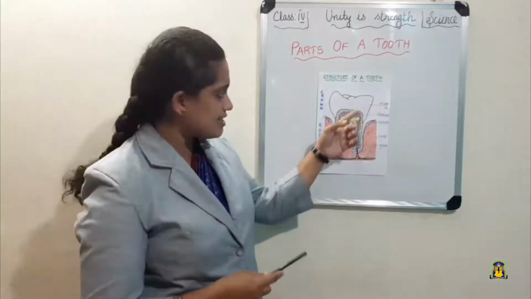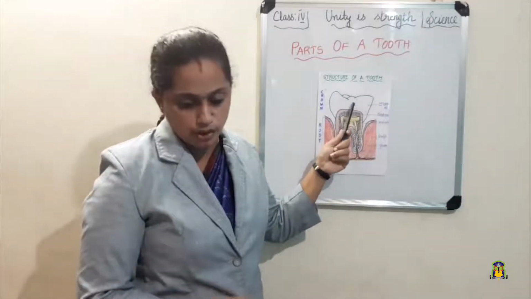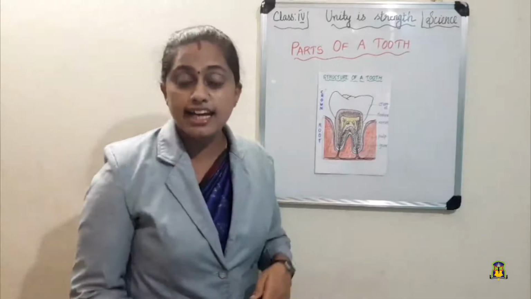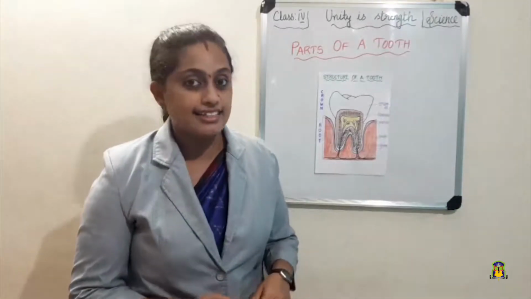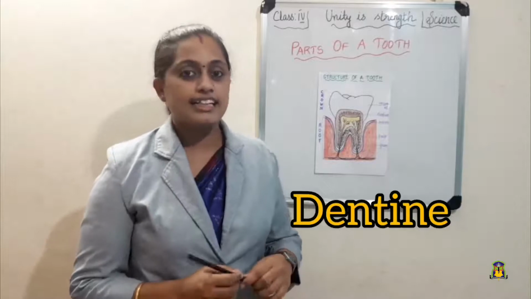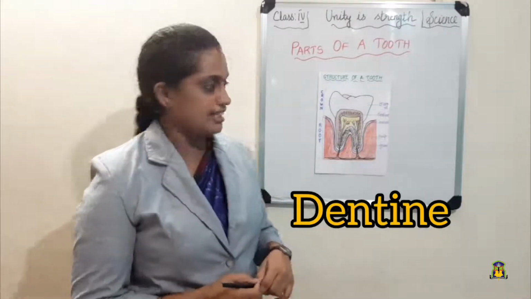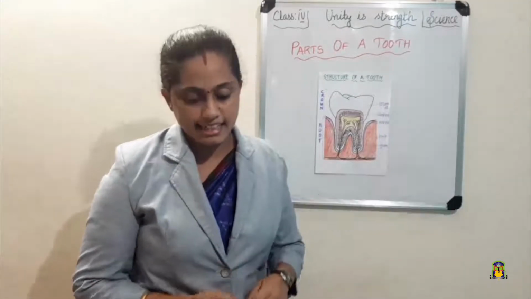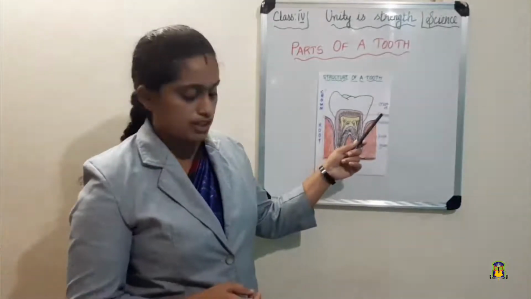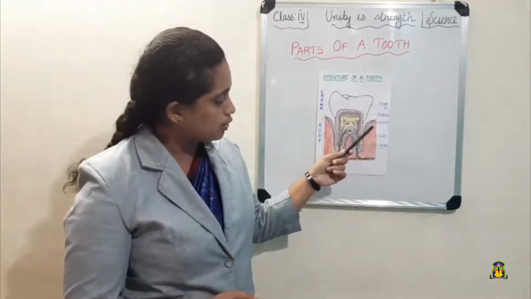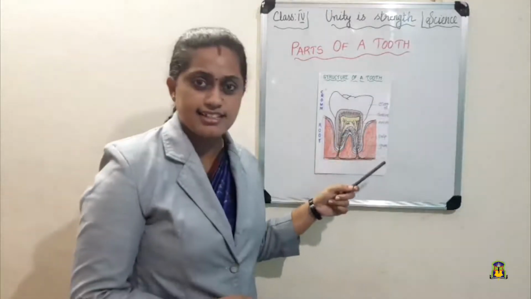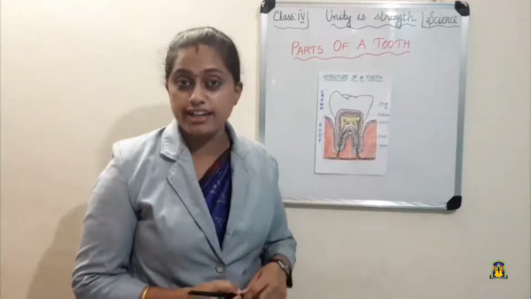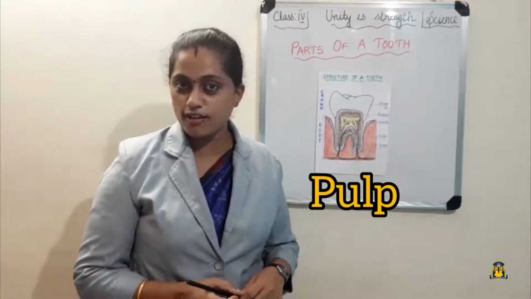Now, just below this enamel, the layer inside the enamel is called the dentine. What is the spelling? D-E-N-T-I-N-E. Now, the center of the tooth, which is inside the dentine, is called pulp.